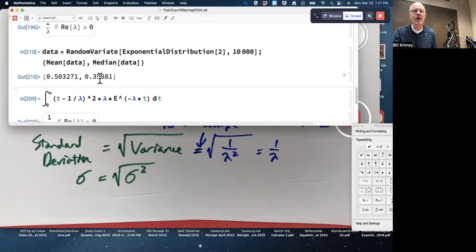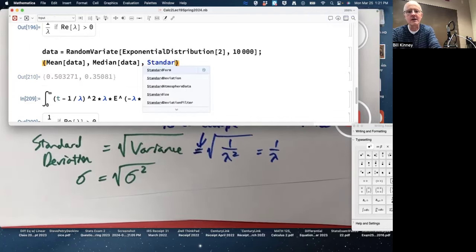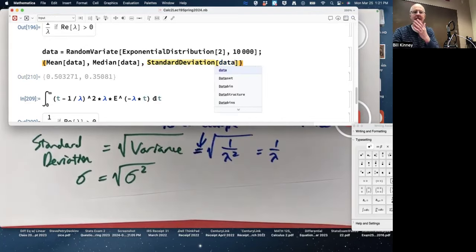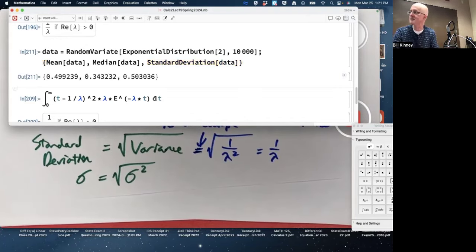I could also put the standard deviation of the data in here. If lambda is 2, that standard deviation should be close to 0.5 as well. Yes, it is. Doesn't equal the mean for the data, but they're both close to 0.5. The theoretical mean and standard deviation are the same, but not the data. But they're both close.